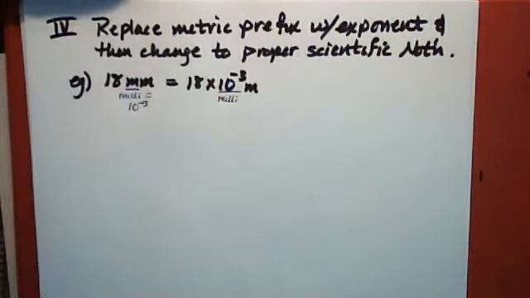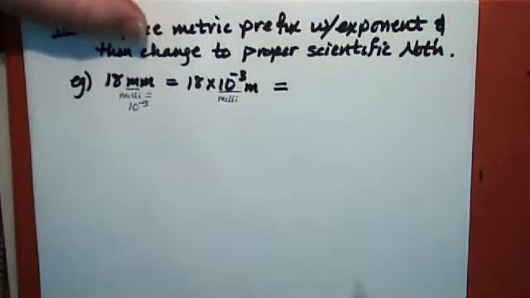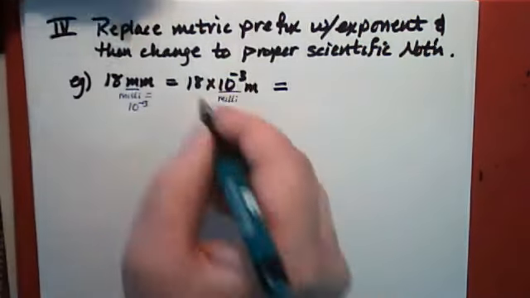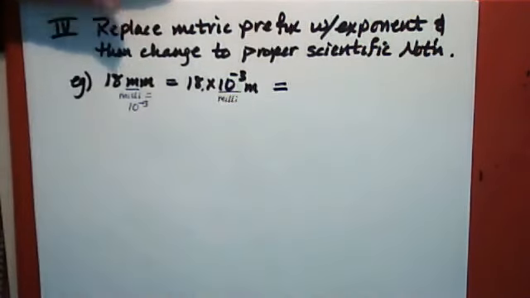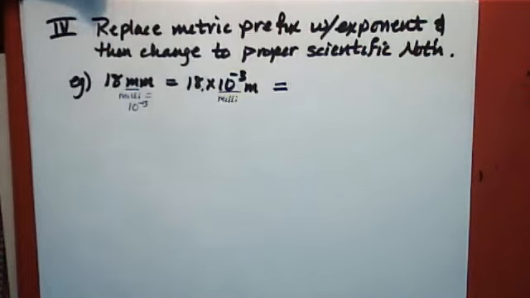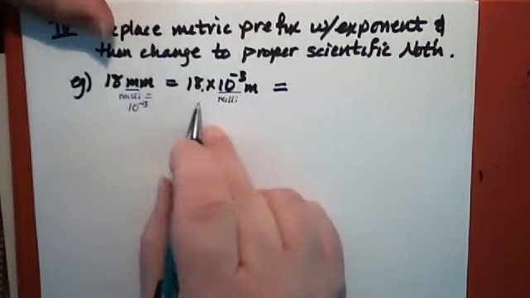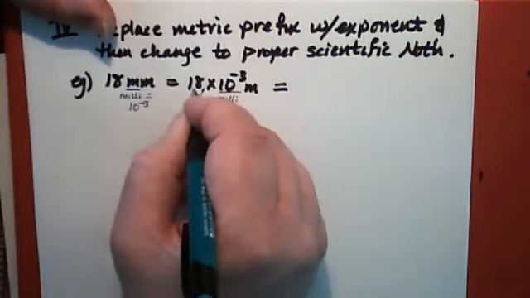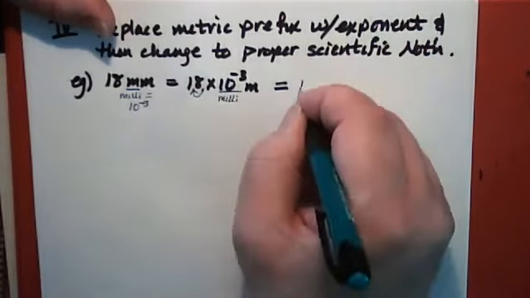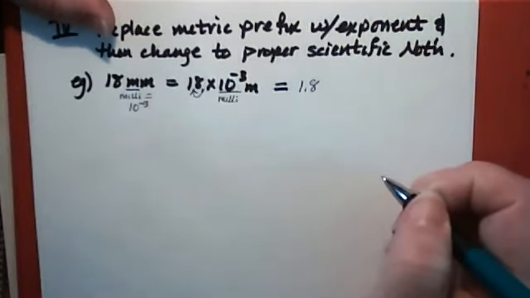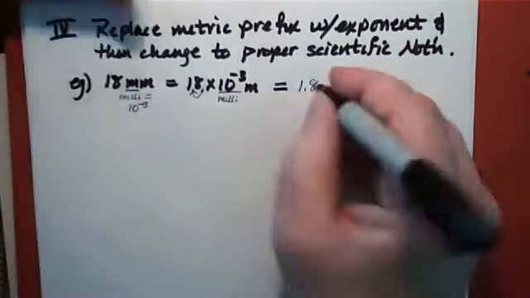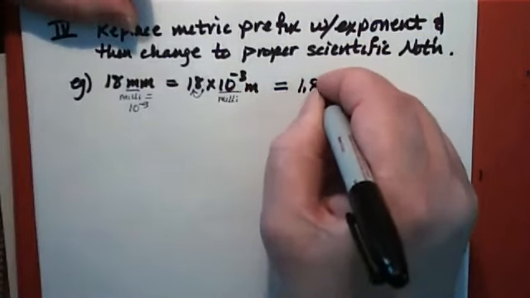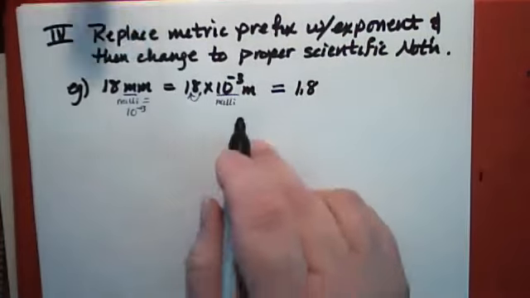That, though, is not proper scientific notation. So we have to find the decimal point, which is implied after the 8 there at the end of the number. And we have to move that decimal point so that this first part of the number is between 1 and 10. To do that, you have to move it one place to the left, and that then becomes 1.8. Okay, 1.8.